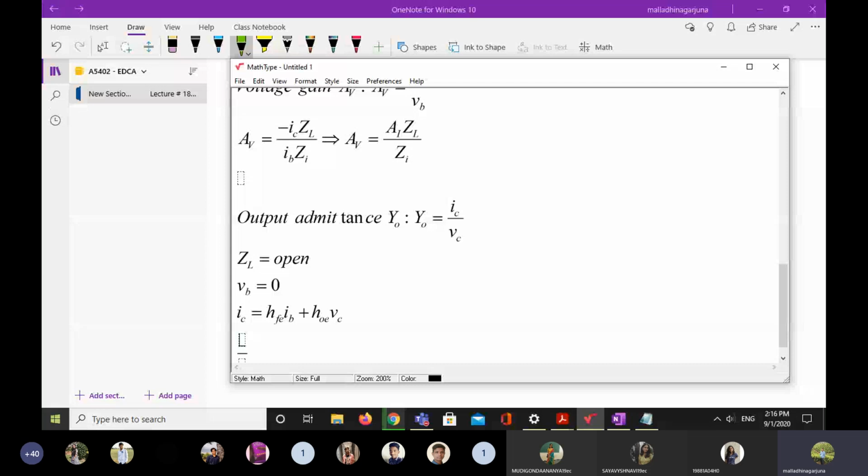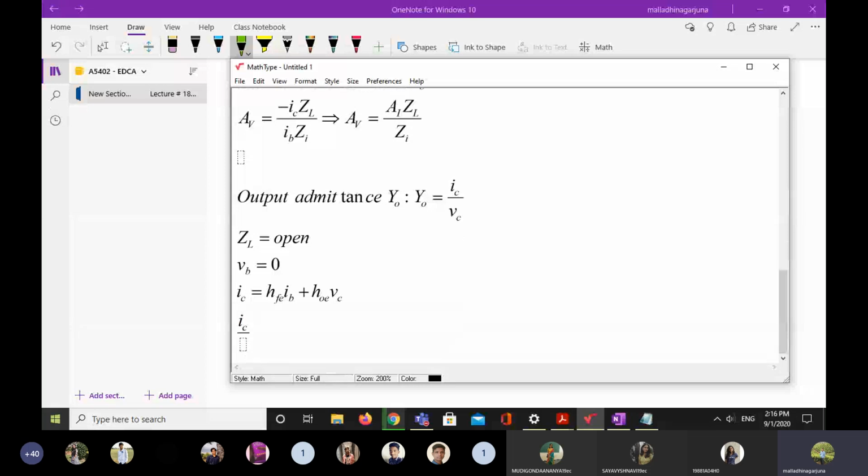Okay. So from this I can write IC divided by VC. I'm dividing the LHS side and RHS side, the entire equation, by VC. Therefore, IC by VC, which is the output admittance, is equal to HFE IB divided by VC plus HOE.